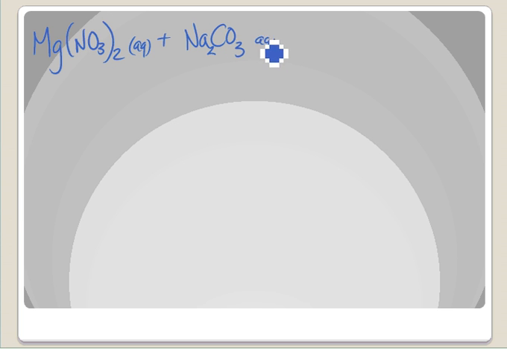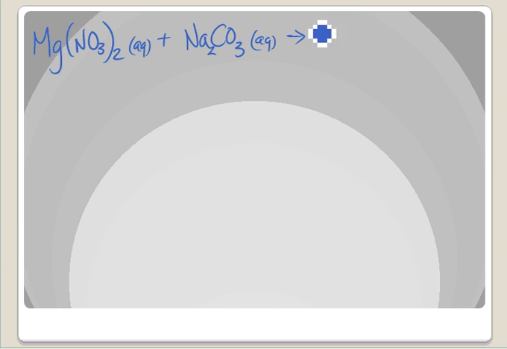I will do one more example. Mg(NO3)2, magnesium nitrate, plus sodium carbonate. So based on what we know, a double displacement will occur.